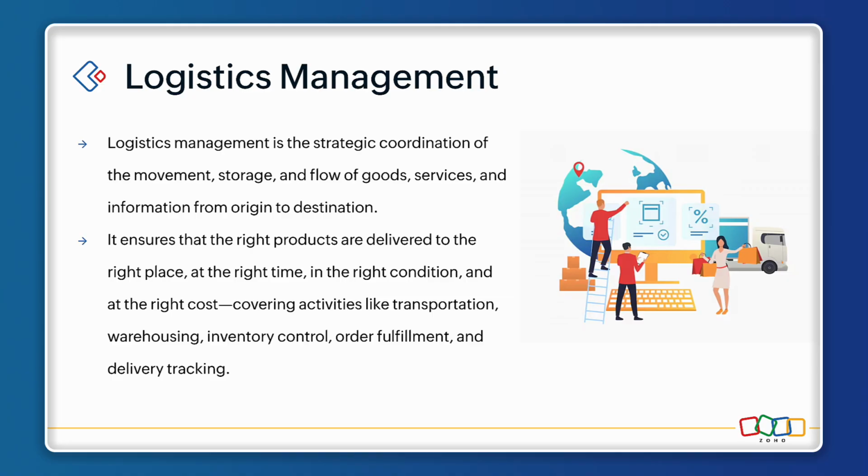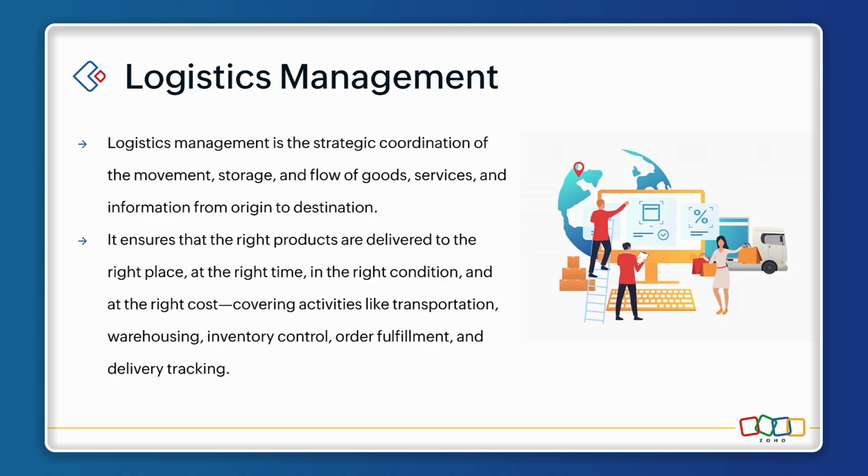That is what we call the 5 rights of logistics. This process involves a wide range of activities like transportation, warehousing, inventory control, order fulfillment, and even delivery tracking. When all of this is well managed, it leads to faster deliveries, reduced errors, and happier customers.